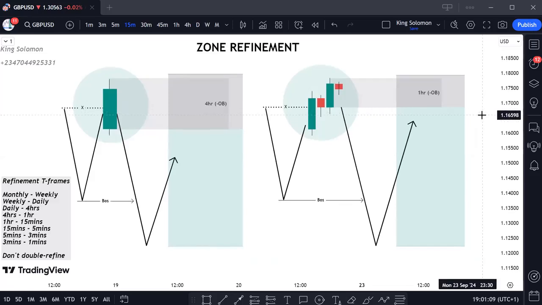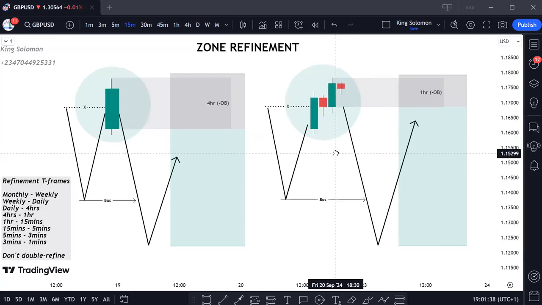Most of you will take trades from proper and valid POIs, and then you go to a lower time frame. You want to make the zone smaller, a much smaller zone, so it can increase your risk to reward, because that's the sole aim of refining your zone. You want to get a better risk to reward ratio on your trade, right?